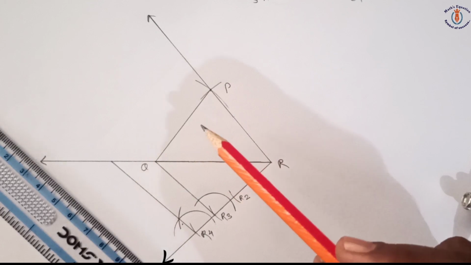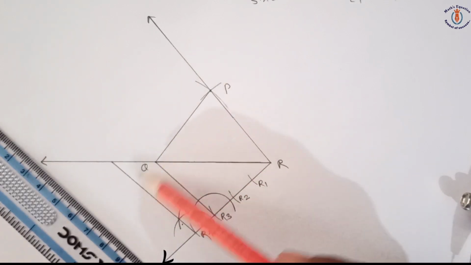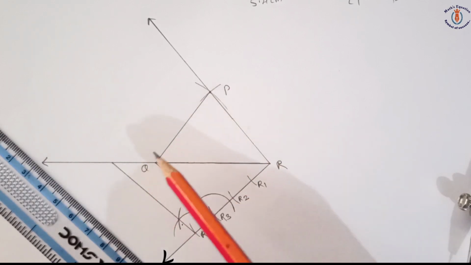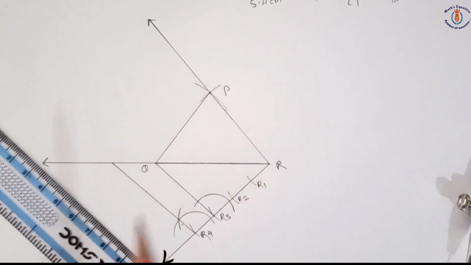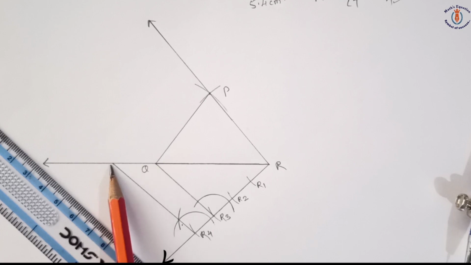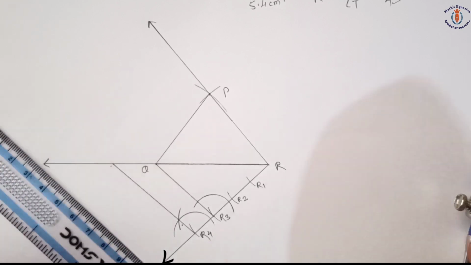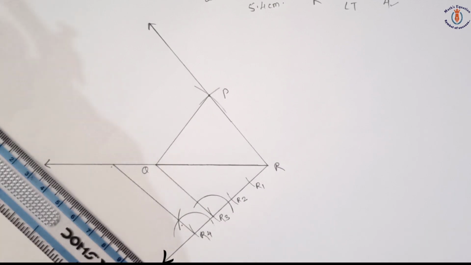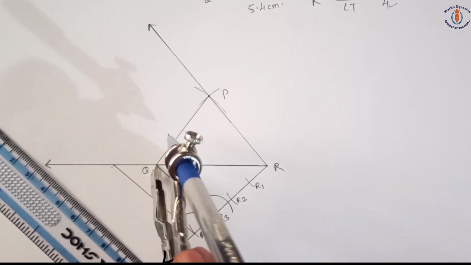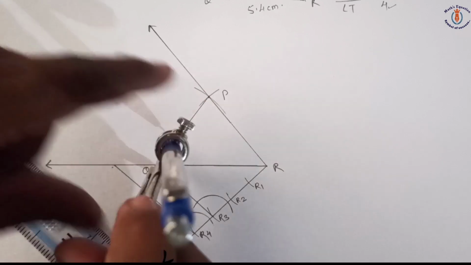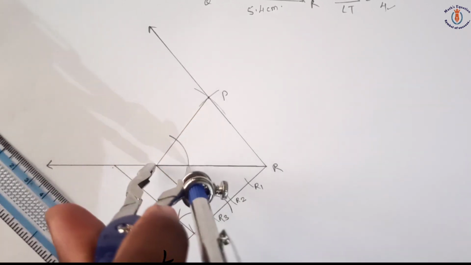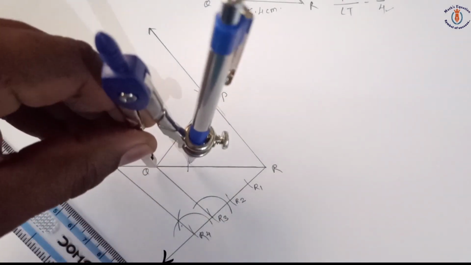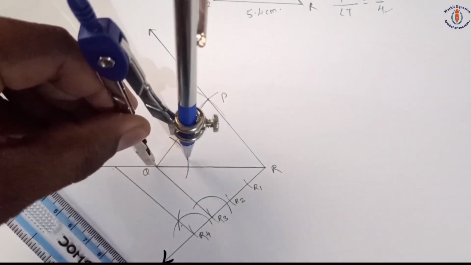Now similarly we have to repeat the same procedure here. We have this angle PQR and we have to construct the congruent angle of this PQR from this point. Okay, so again we are going to take the sufficient distance in a compass like this. Okay, hold that compass on a point R, make one arc like this, intersecting both sides of that angle PQR.